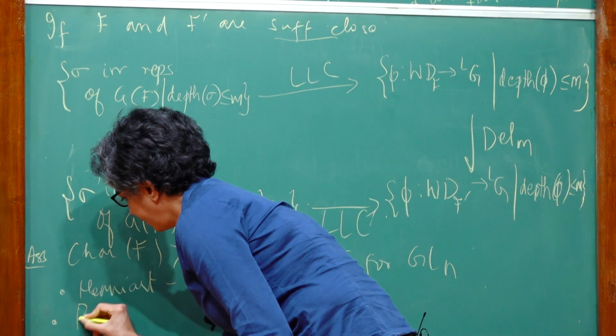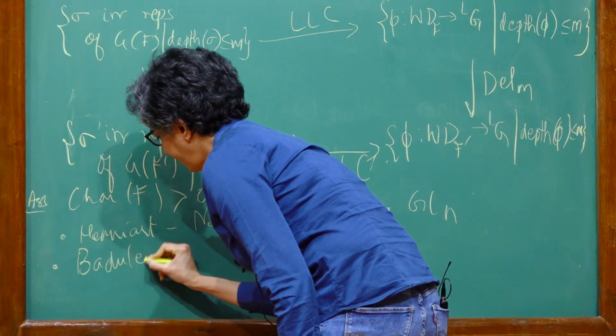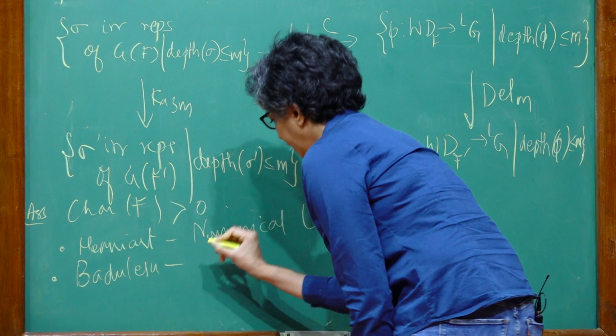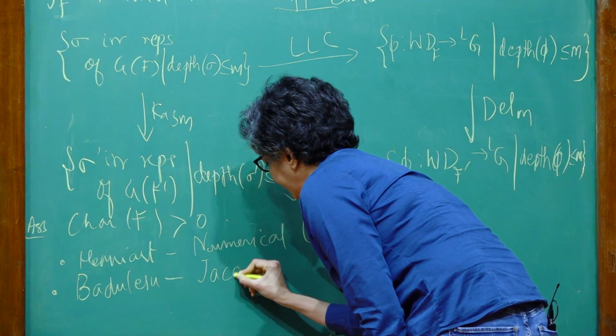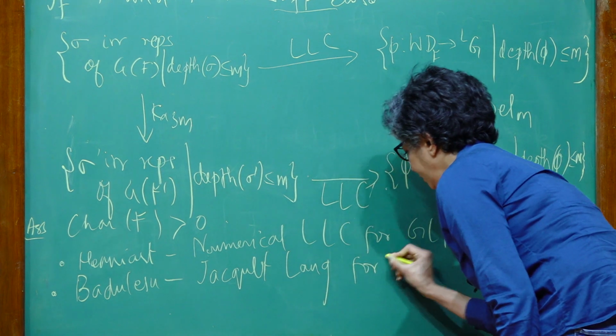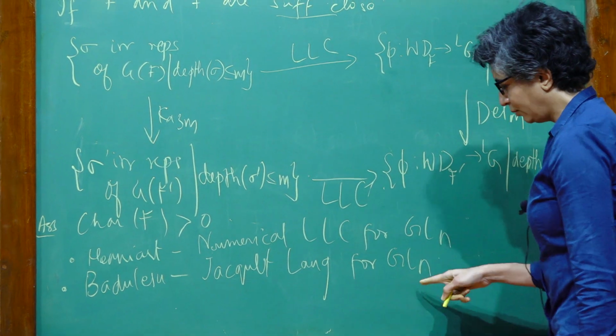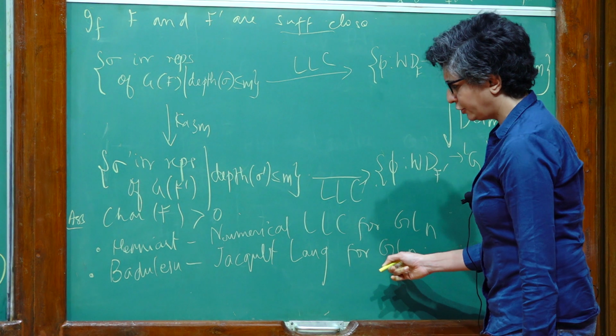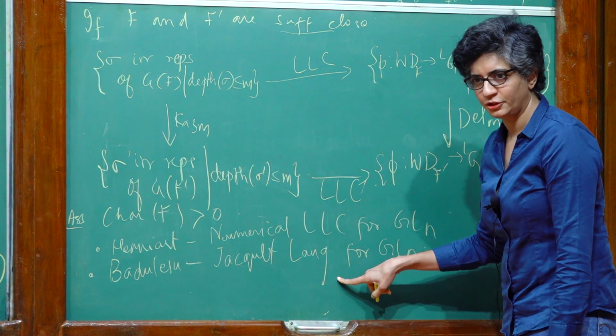Badulescu proved the Jacquet-Langlands correspondence for GL_n using this method. So he had to generalize the Kazhdan isomorphism to inner forms of GL_n in the process.